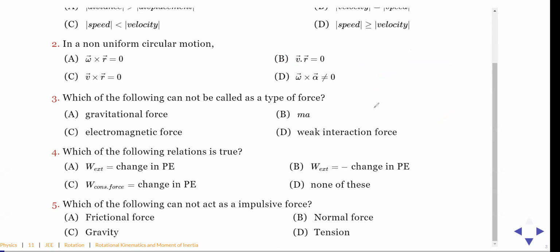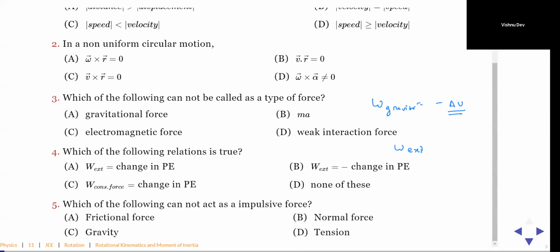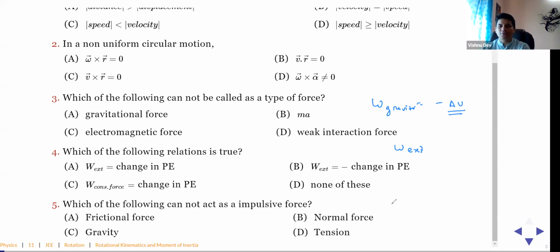Okay, now the next, fourth one. We know work done by gravity is equal to negative of change in potential energy, yes or no? We have studied this, yes or no? So we know that work done by external, like let me open the video, just pause, okay. So suppose if I'm raising this object, I'm working against gravity or along with gravity?